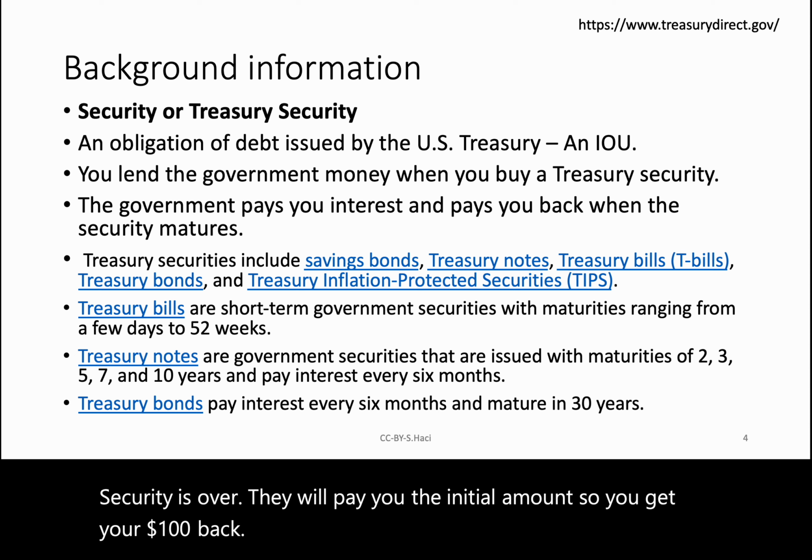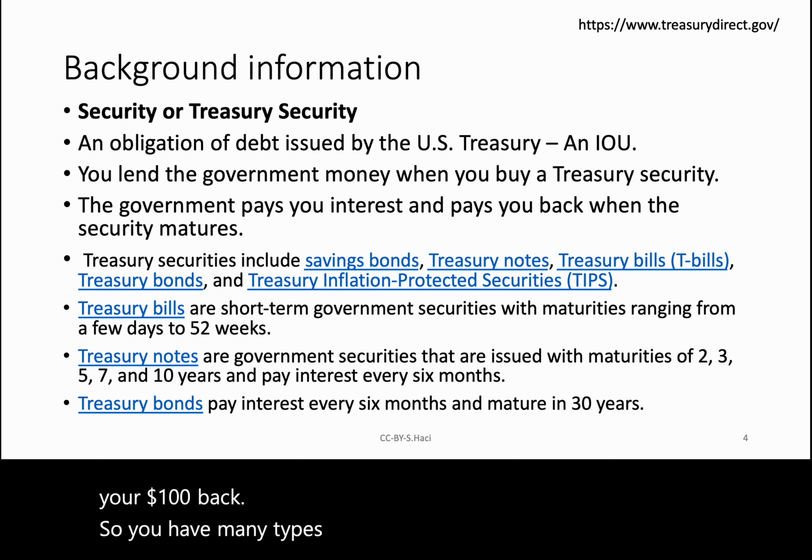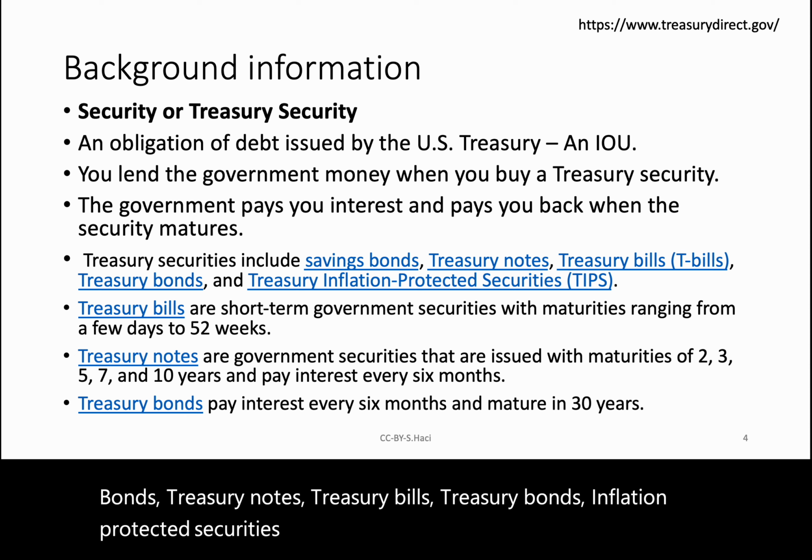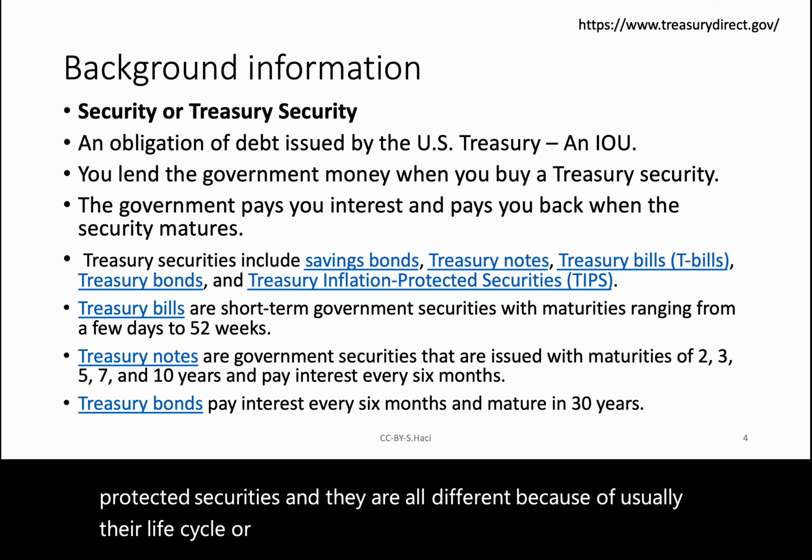So you have many types of treasury securities. You have bonds, treasury notes, treasury bills, treasury bonds, inflation protected securities, and they are all different because of usually their life cycle or sort of maturity.